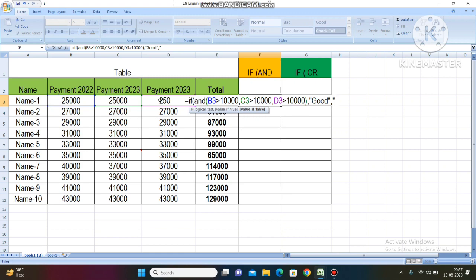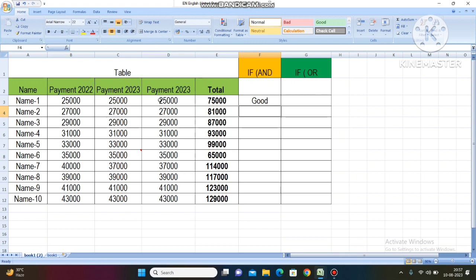Then if this is matching the same condition, then good, otherwise not good. So we will write here not good, then we will close it with the quotation sign and then again with the bracket.